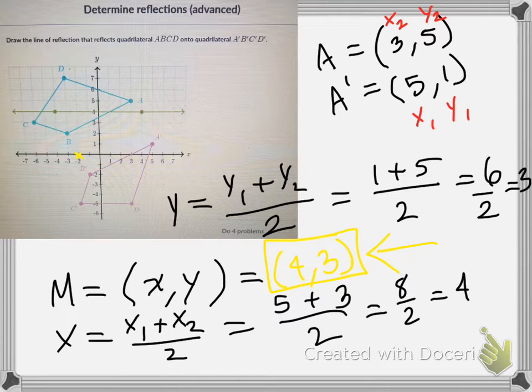Now let's go ahead and plot it. 4 and 3 is over here, right there. And we're going to go ahead and draw a yellow line. Hopefully I get it right on the mark. Right there. That one came out a little twisted, but this is actually the mirror of the whole thing. It's a mirror reflection of the gadget.